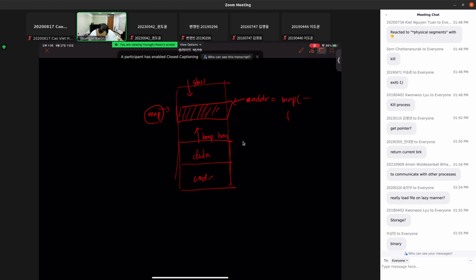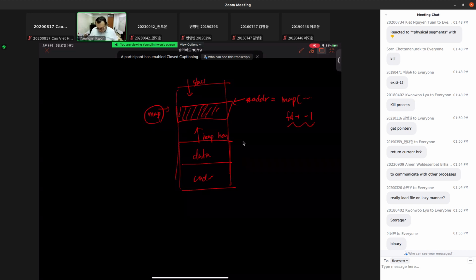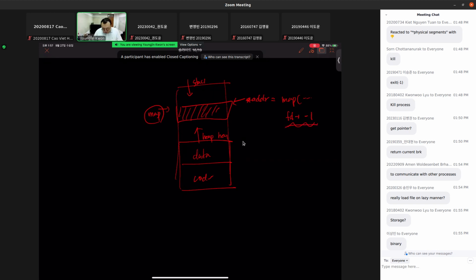Then the file descriptor is specified as -1 because this memory region does not come from a file, which means the FD is set as -1.